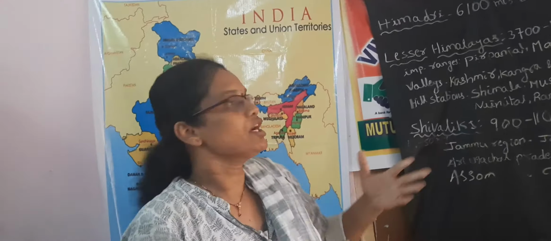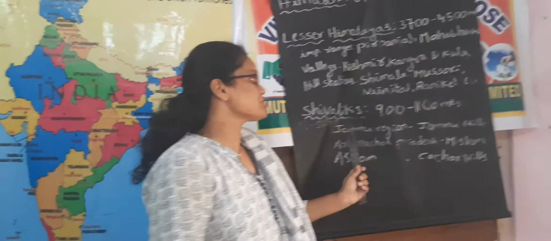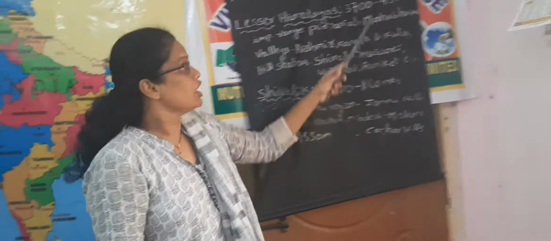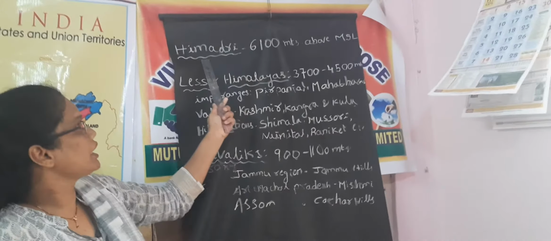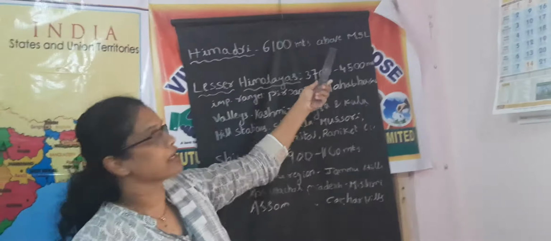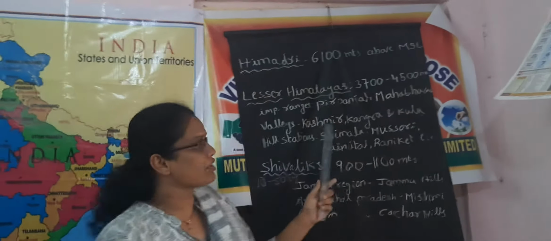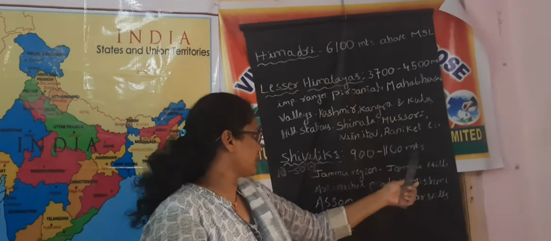The width of the Shivaliks is approximately 10 to 50 kilometers, and the height of the Shivaliks is 900 to 1,100 meters. If you observe the variations in the altitudes of the Himalayas, Himadri's height is 6,100 meters, the Lesser Himalayas is 3,700 to 4,500, and the Shivaliks is 900 to 1,100 meters.